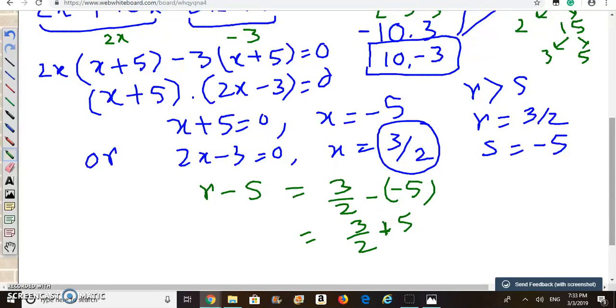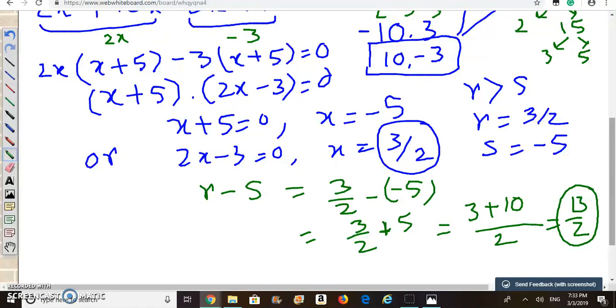So this is a simple fraction addition. So we get 13 by 2. So this is our answer. So r minus s is 13 by 2.